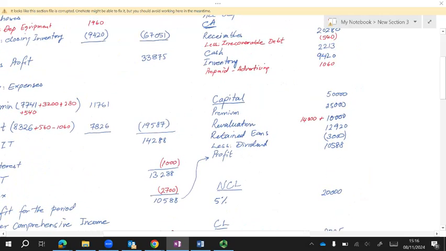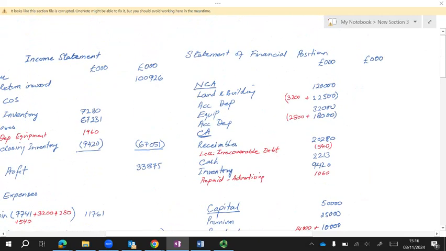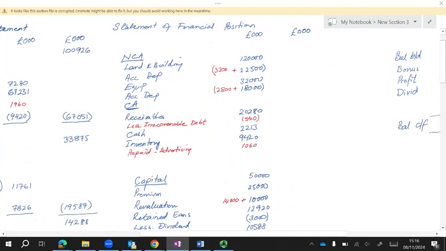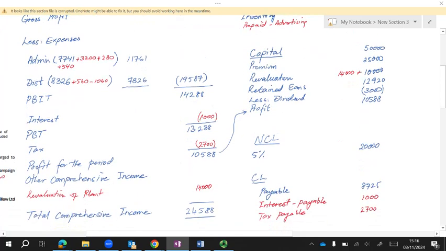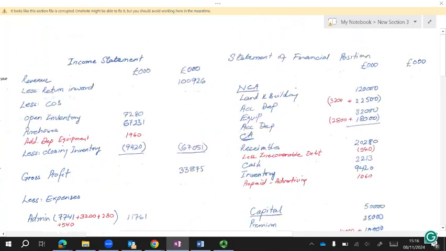Next, let's close our statement of financial position. So let's add all our assets and minus the depreciation. By the way, the revaluation of the building, which we have recorded over here, 14,000, should also be added in the land and building.